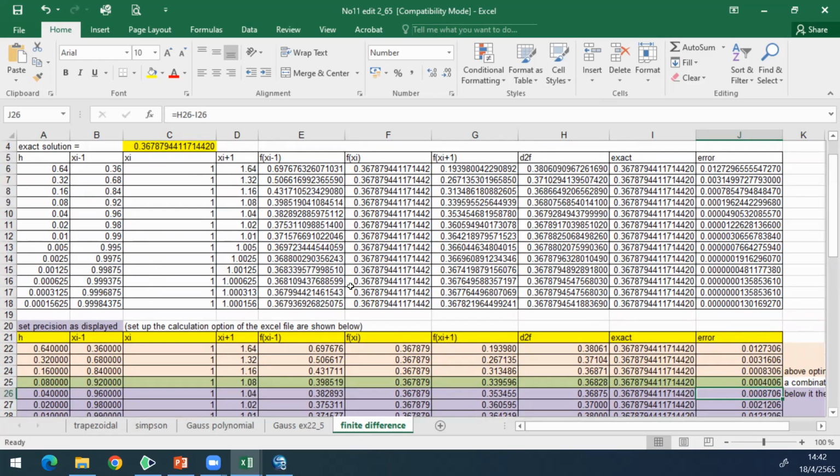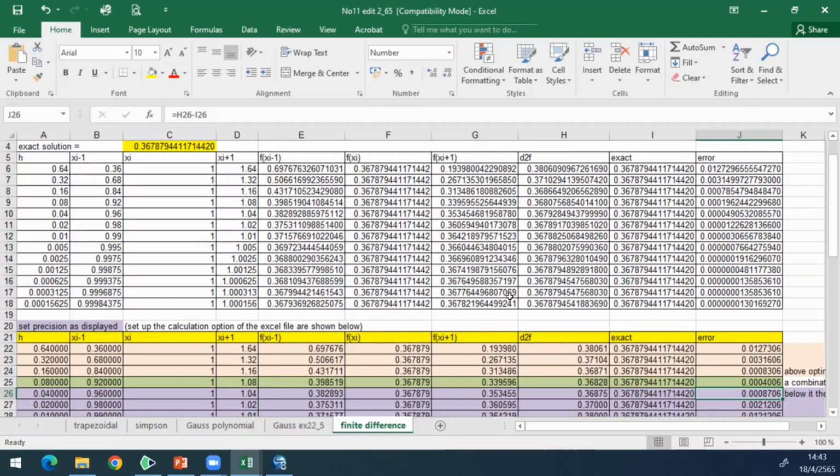For example, if you use a calculator, your calculator has a limit of 10 digits, so you should use 10 digits. In Excel we have 15 digits, that is why we use 15 digits. But if we use just 6 digits, we have to be careful.